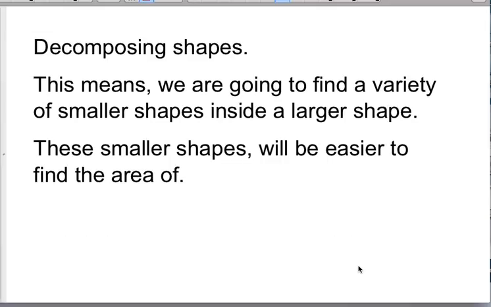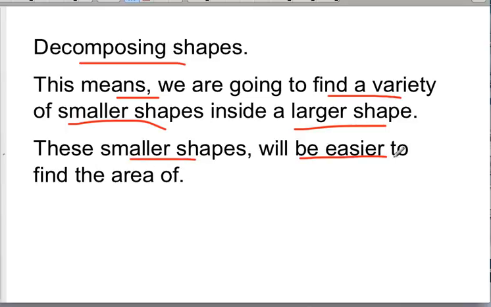All right? So we're going to now go into decomposing KNEX shapes, which means we are going to find a variety of smaller shapes inside a larger shape. These smaller shapes will be easier to find the area of.